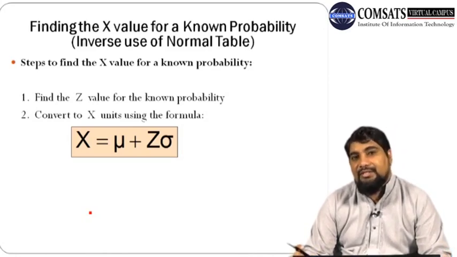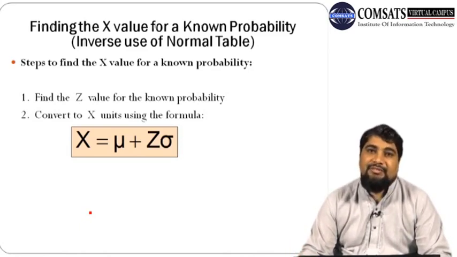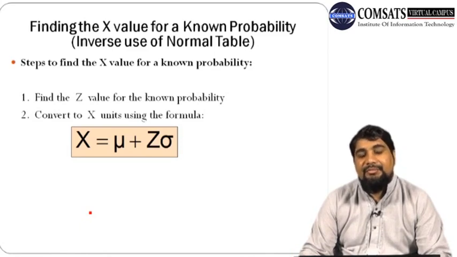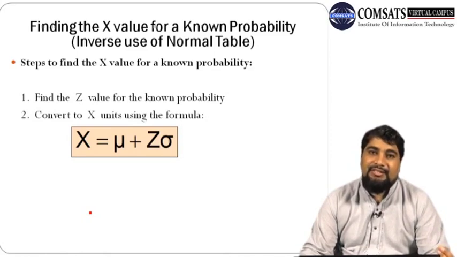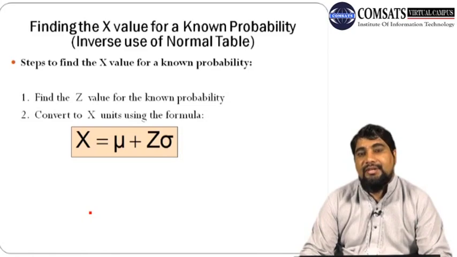Or what is a specific value of x below which 60% of the probability lies, or what is the value of x above which 10% of the probability lies? So in all these examples we are interested in finding the particular value of x where we know the probabilities. This is also called the inverse use of the normal table.